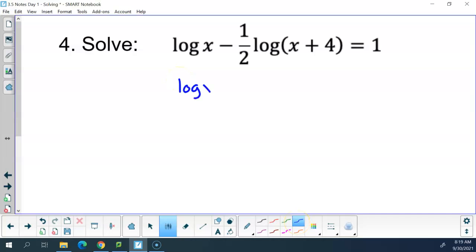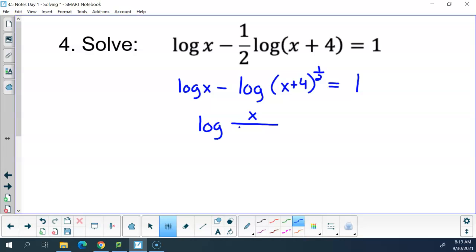Log of x minus log of x plus 4 to the 1/2 power, and that equals 1. Then I'm going to apply the quotient property in reverse. Log of x divided by x plus 4 to the 1/2 power equals 1.